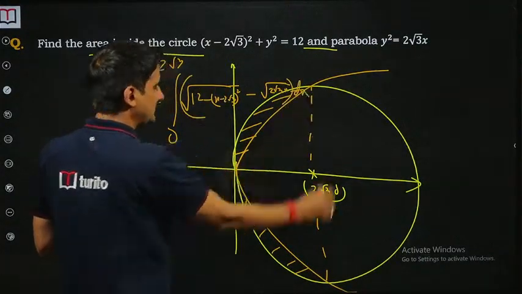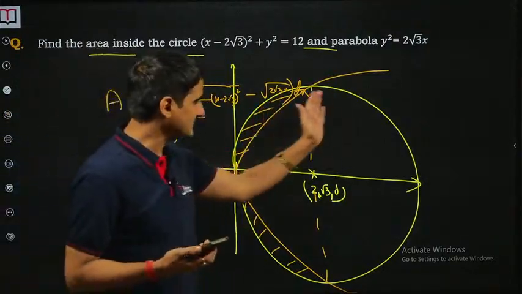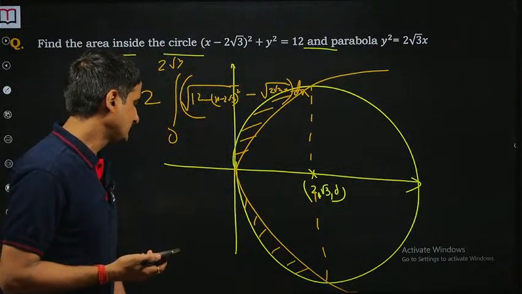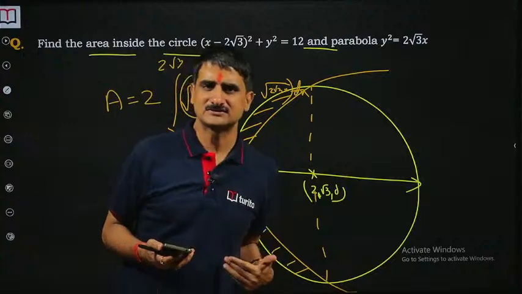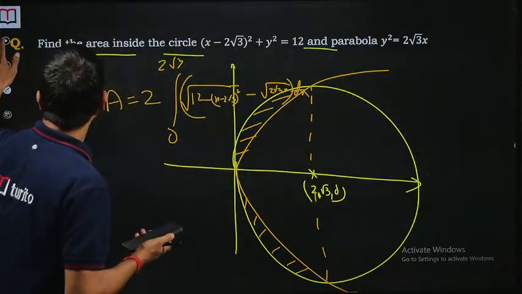We have to just simply integrate it, because this part is also inside the circle and the parabola. These are memory based questions, so there might be some words missing here and there, but that's how I am doing it.